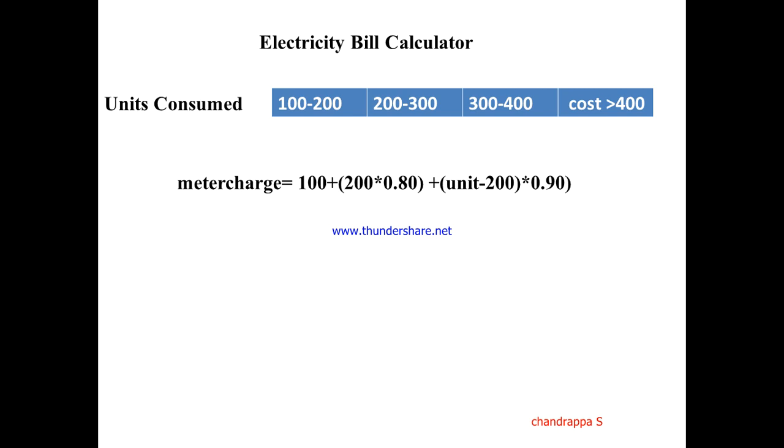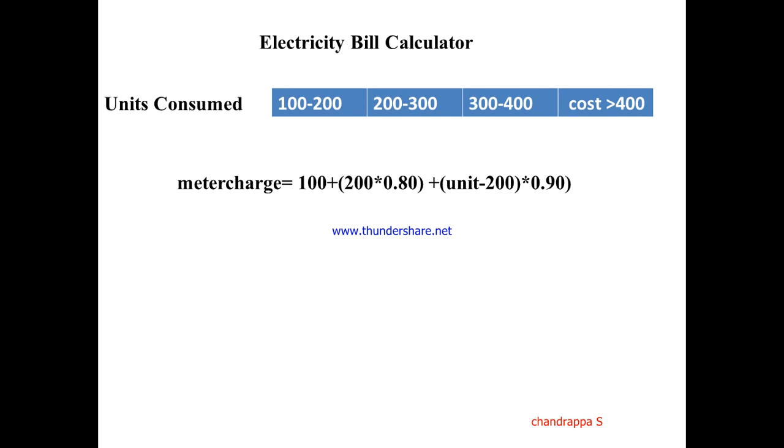Suppose units consumed is 250 units. In that case, meter charge equal to 100 plus charges up to 200 units, meaning 200 into 0.80, plus the remaining 50 units.